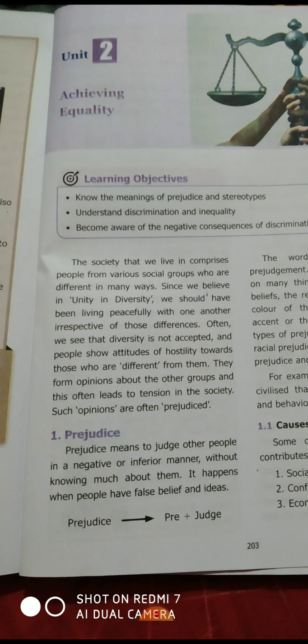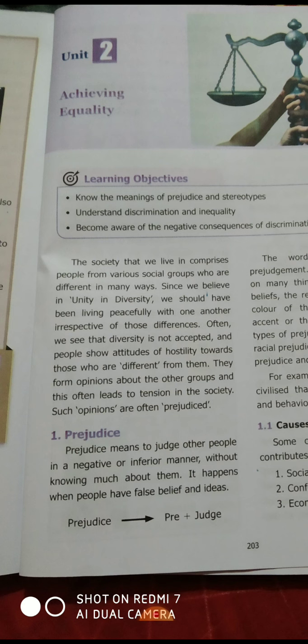Sometimes we talk about others, no? Everyone does that. That is prejudice. We don't know about the person's character or background, yet without knowing that we speak about that person. That is called prejudice.